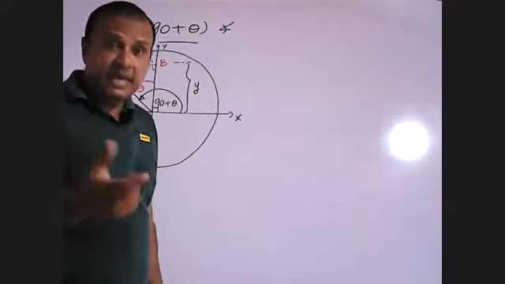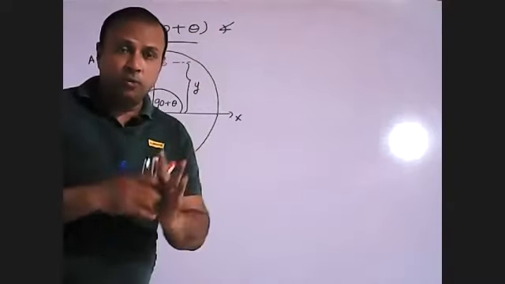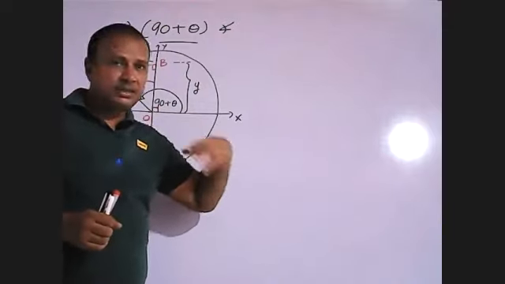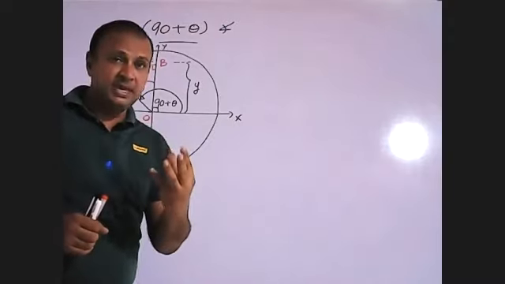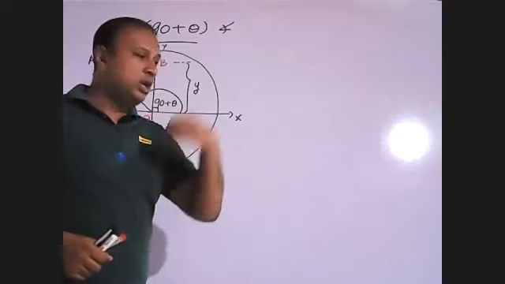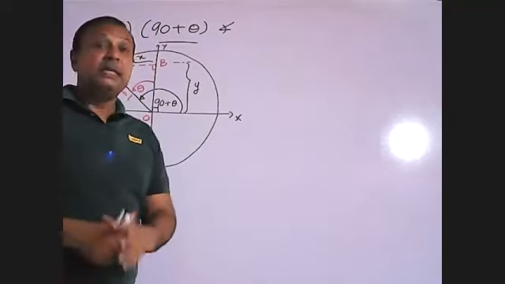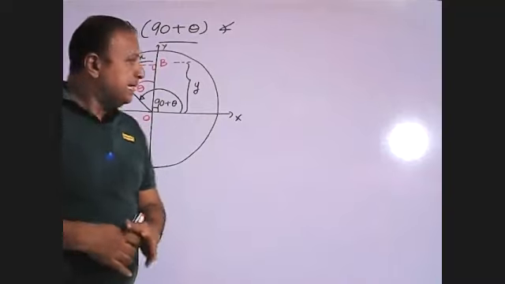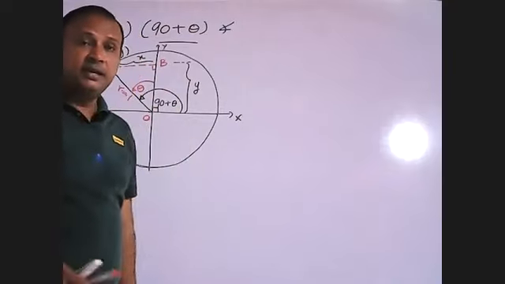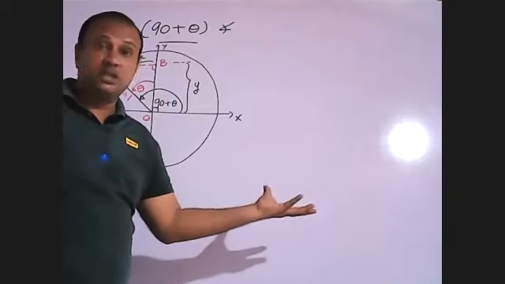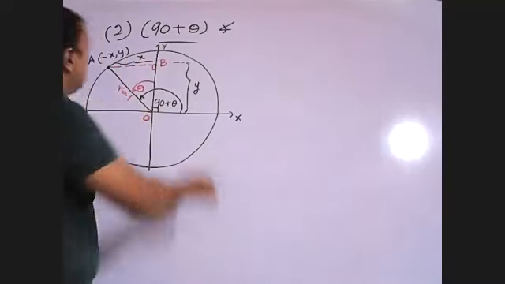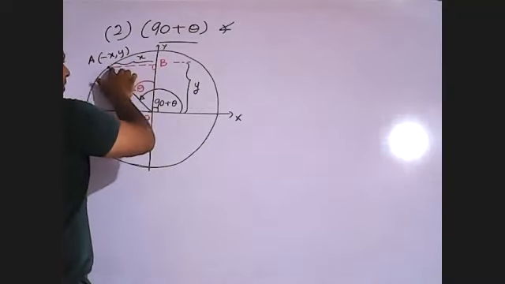Now I am going to write sine of 90 plus theta, cos of 90 plus theta, tan of 90 plus theta using sine theta, cos theta and tan theta values. That is my objective. Therefore, you should write some expression for sine theta, cos theta, and tan theta. That is the reason I drew a perpendicular from A to B.